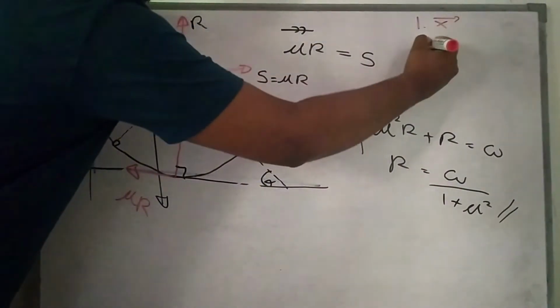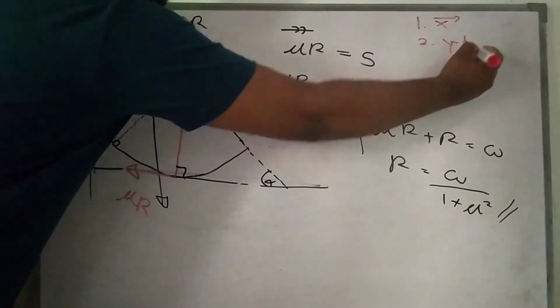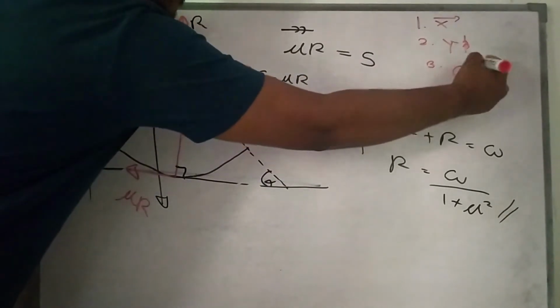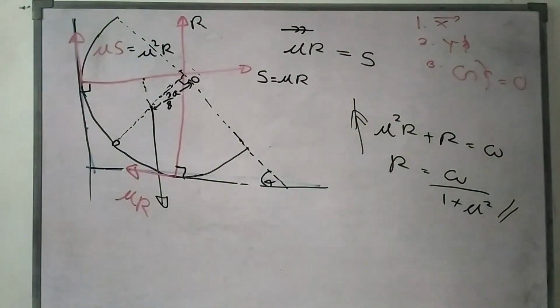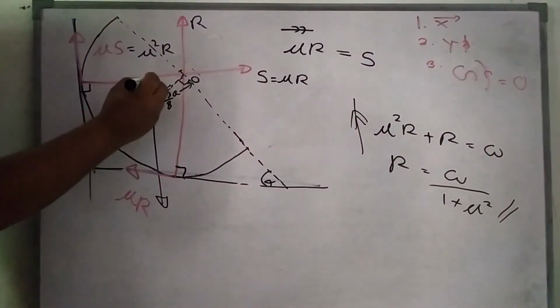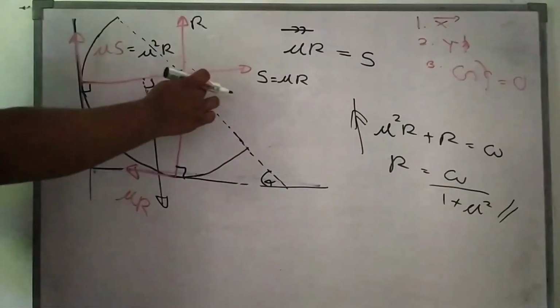Okay, so I took the x component, y component and one moment. This is the mechanism of doing the sum. Two components and one moment. Okay, this is perpendicular.